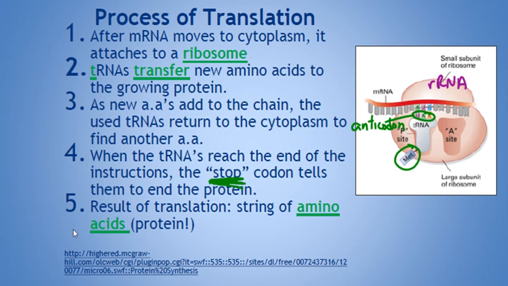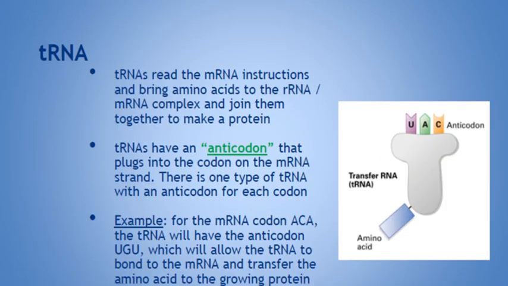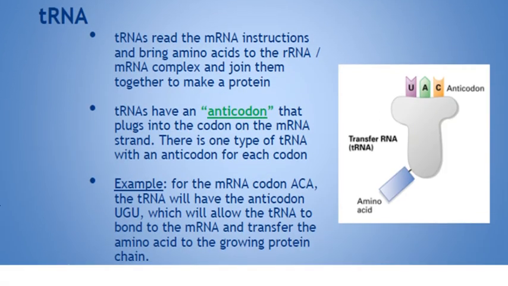So think of your ribosome as the builder, and the transfer RNA being the helpers to bring the necessary tools to finish the job. So transfer RNA carry the amino acids. Remember like we just talked about, the anticodon.